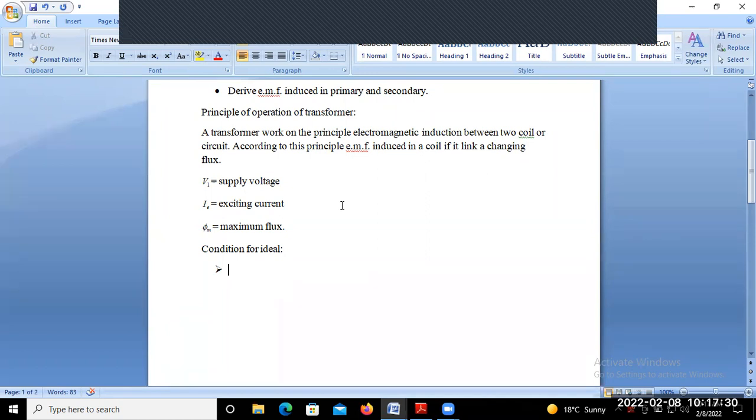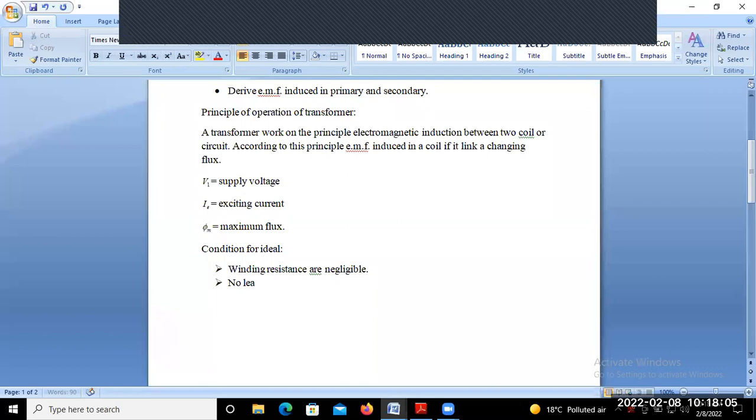The winding resistance should be negligible in the transformer. First one, winding resistances are negligible, and next one is no leakage flux.